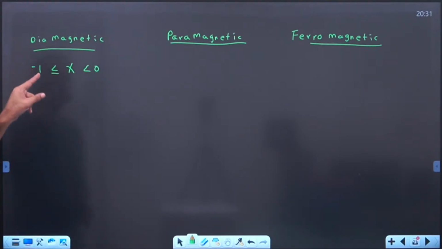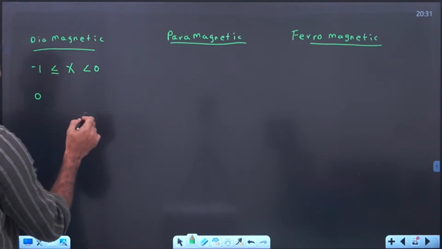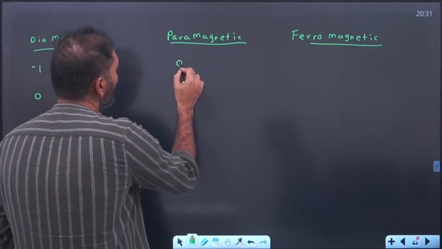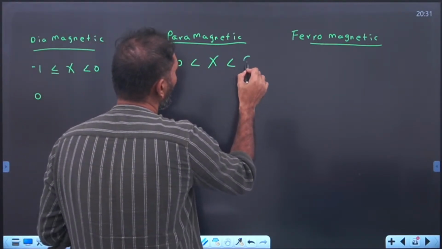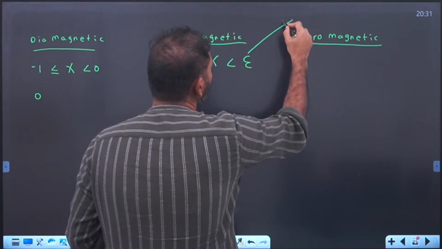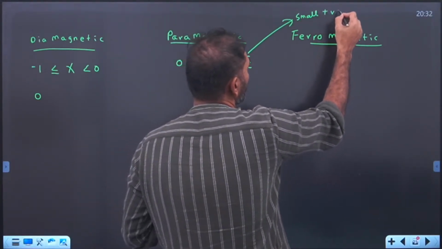Now remember, what is the minimum value of chi for diamagnetism? -1. And which substance has chi -1? Superconductor. For a paramagnetic substance, this value is between 0 and a small positive constant. It is not epsilon, it is a small positive constant.